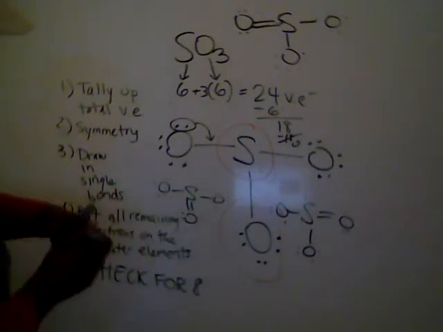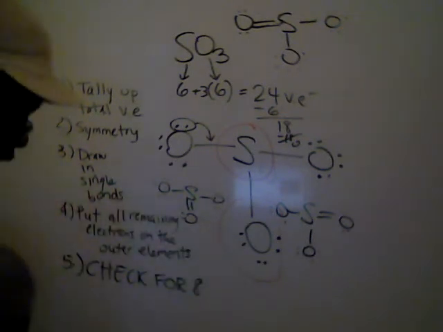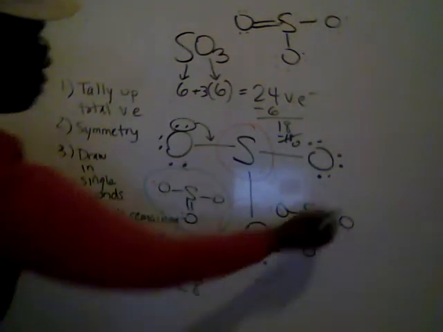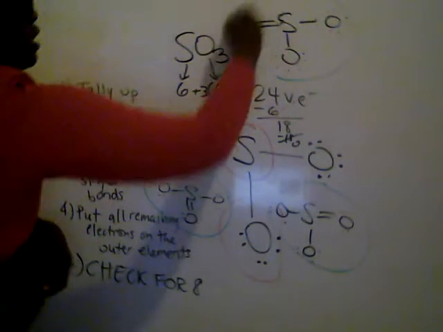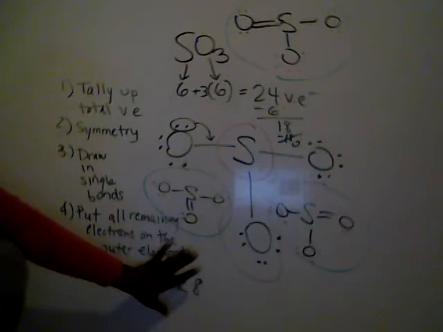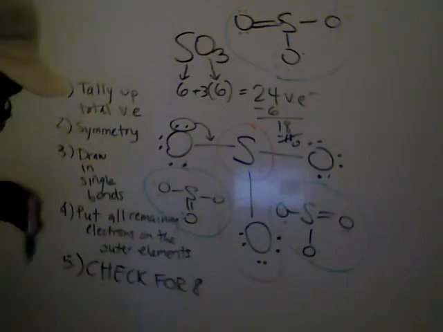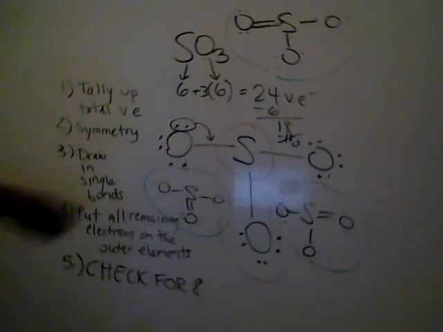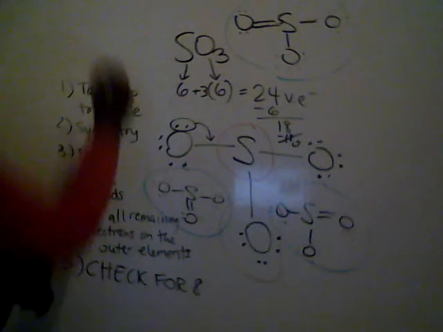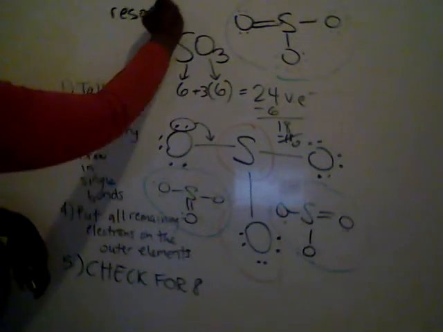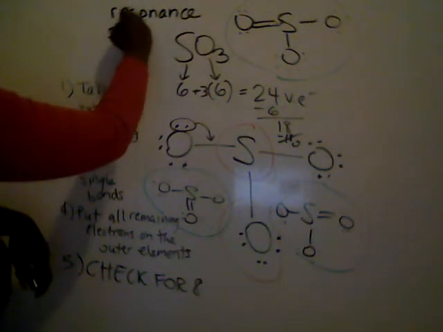So we have 3 different potential Lewis dot diagrams. We have one here, we have one here, and we have one here. So this is a perfect example of something called resonance. So if you have heard your teacher say resonance, that's what this is. Resonance, and I'll write the word up here, we call these resonance structures.